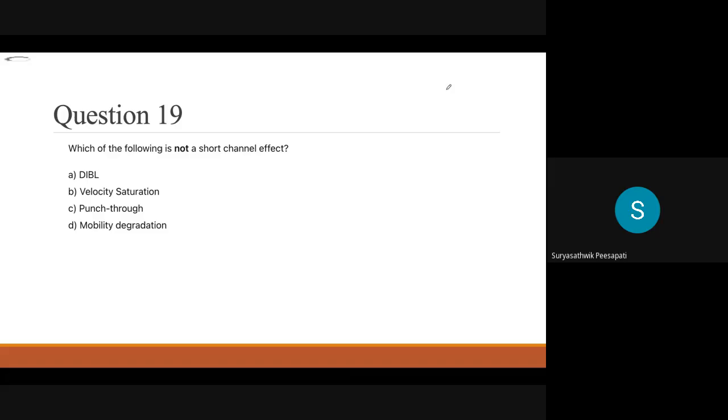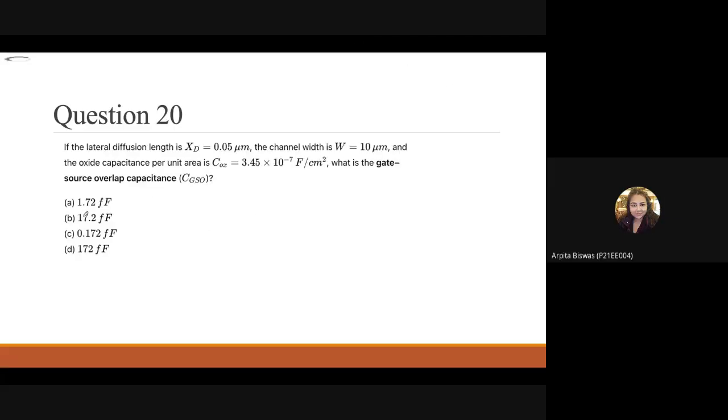Degradation. Yes, which one? D. Yes, option D is the right answer. The mobility degradation. Okay.